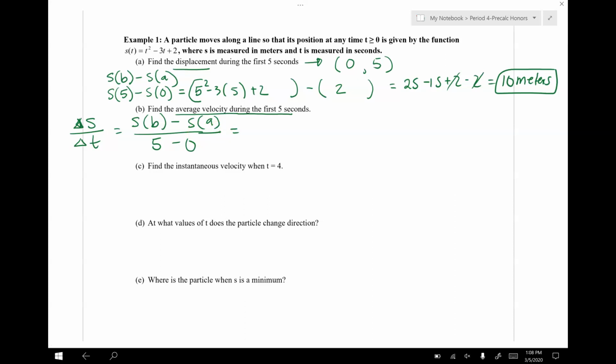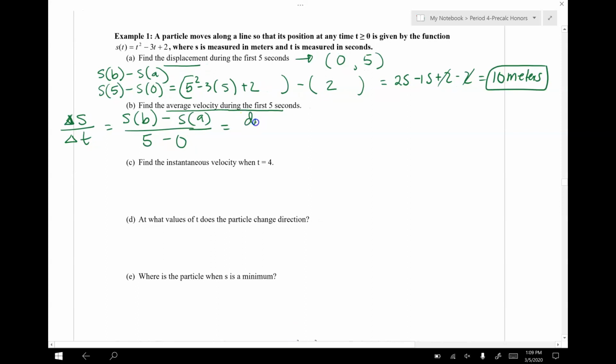Well, we found that the numerator is pretty much the displacement. This is just the displacement divided by 5. We found the displacement from the top, which is 10, divided by 5. So the average velocity during the first 5 seconds is 2 meters per second.